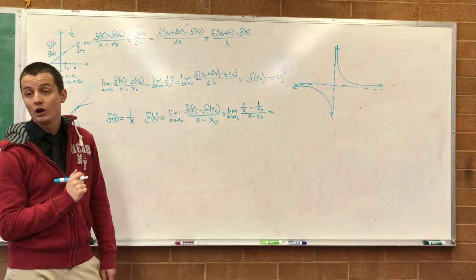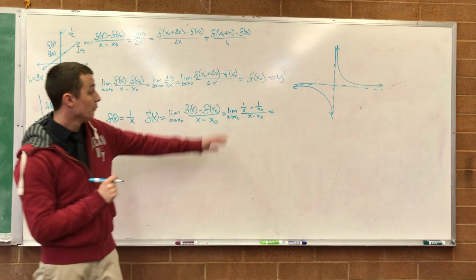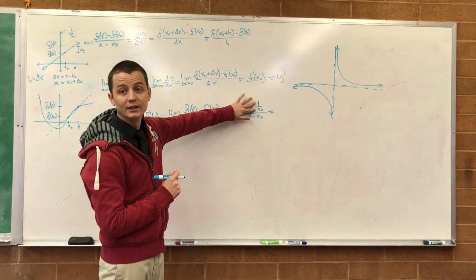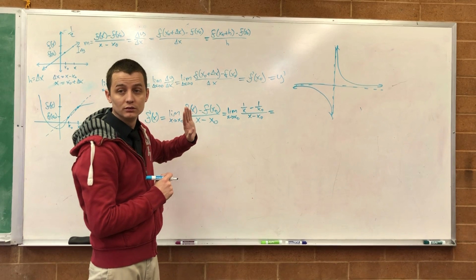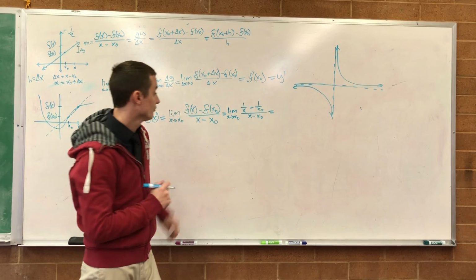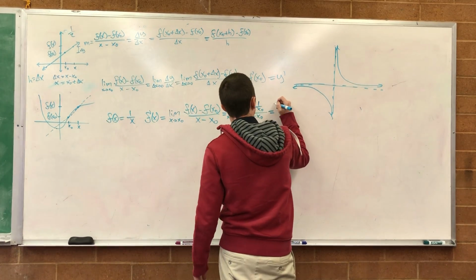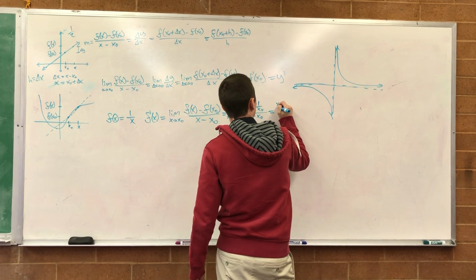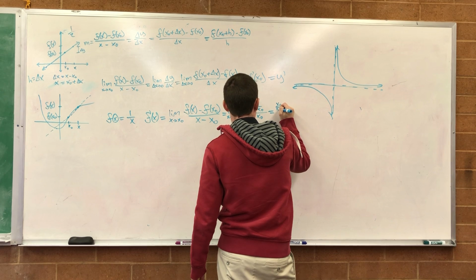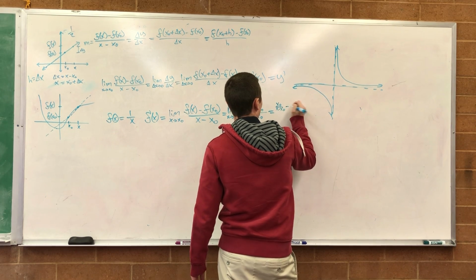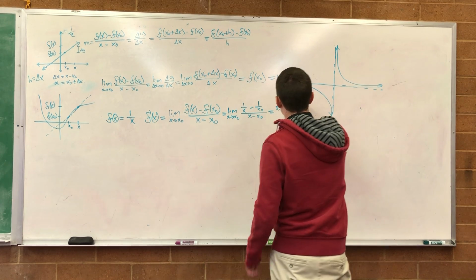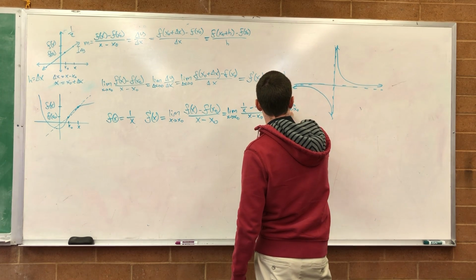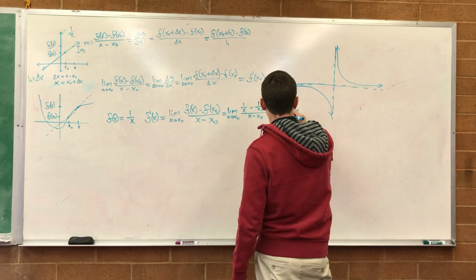Okay, this is equal to, a little bit of algebra. I need to get the common denominator in the numerator. So I'm going to multiply this one top and bottom by x naught, and this one top and bottom by x. So this is equal to the limit of x naught over x times x naught minus x over x times x naught, all over x minus x naught.